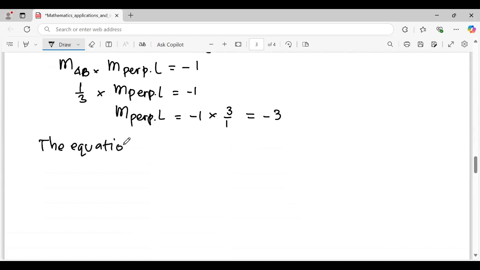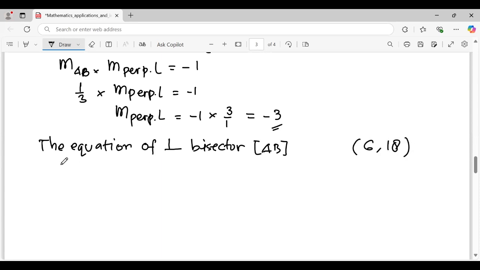And the next step, we're going to find the equation of the perpendicular bisector AB. Gradient is minus 3, and the midpoint is 6, 18.